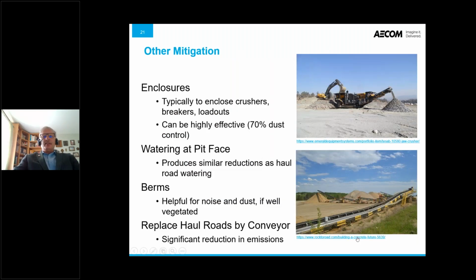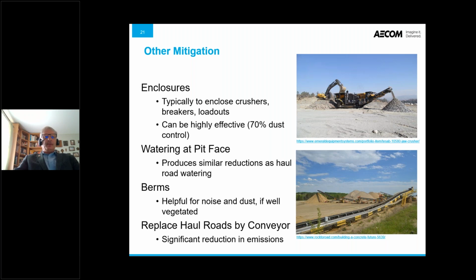Other mitigations: there are enclosures of the crushers, breakers, load outs, and even stockpiles could be enclosed. There are some companies building domes around them to avoid dust emissions.